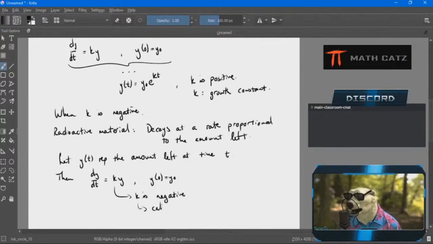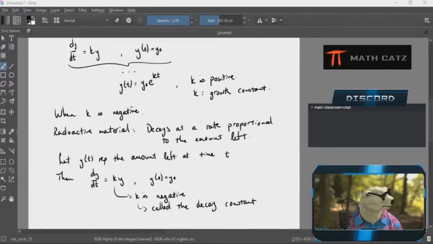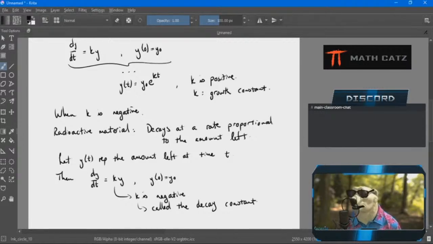and k is called, in this case, when I'm talking about an amount decreasing, the decay constant. But I have a very similar situation to what I've had before. It's the same differential equation in appearance, it's just that the k constant is now a negative number.